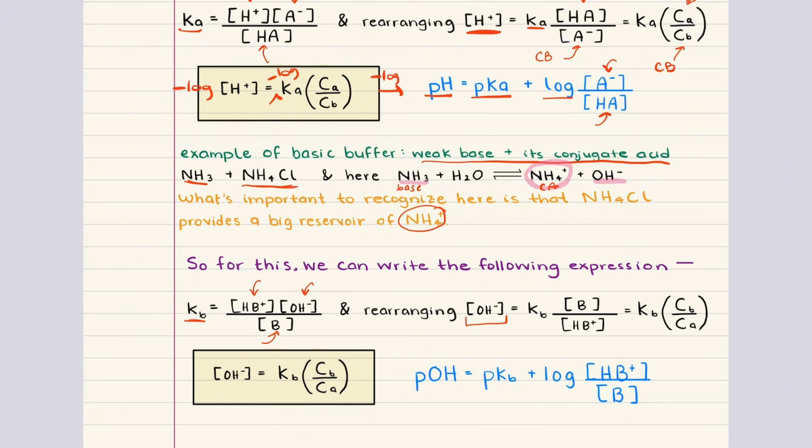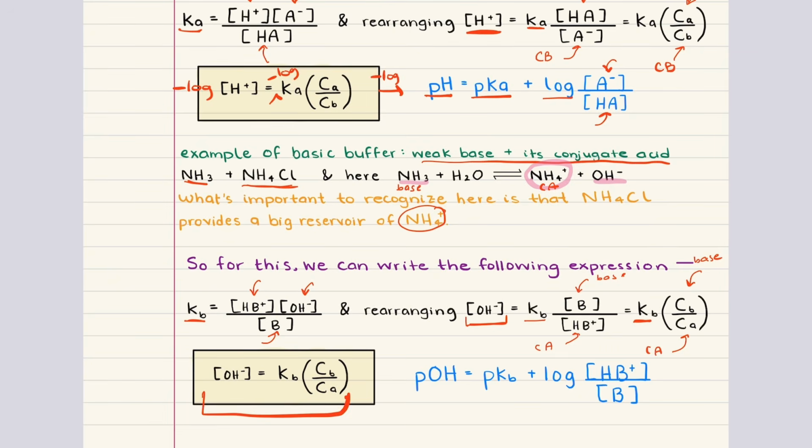Hydroxide concentration equals Kb multiplied by the ratio of base concentration to acid concentration. So we can write concentration of hydroxide ions equals Kb times C sub B over C sub A, where C sub B is the concentration of the weak base and C sub A is the concentration of the conjugate acid.